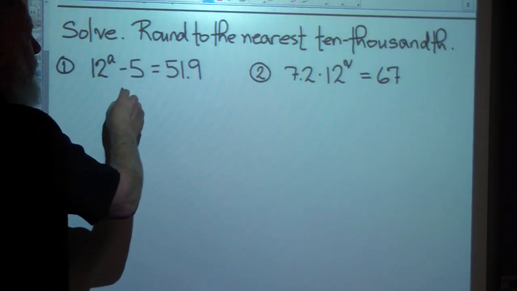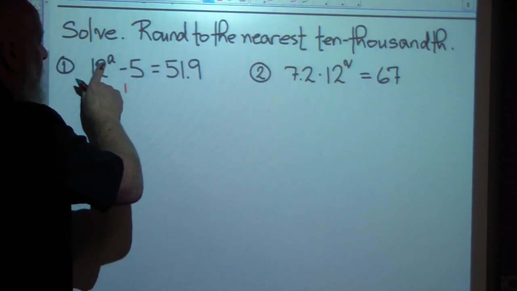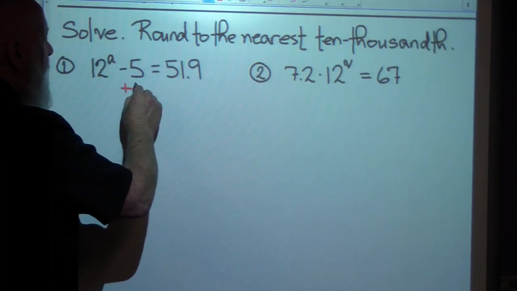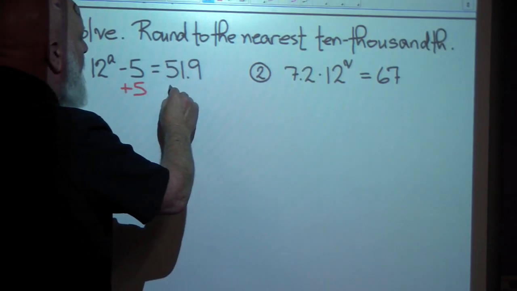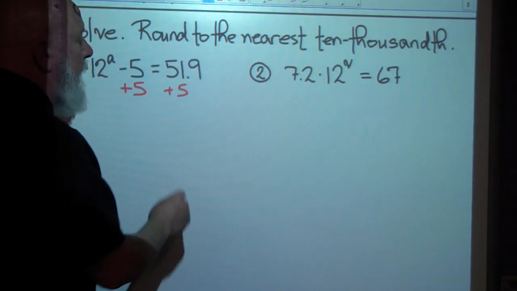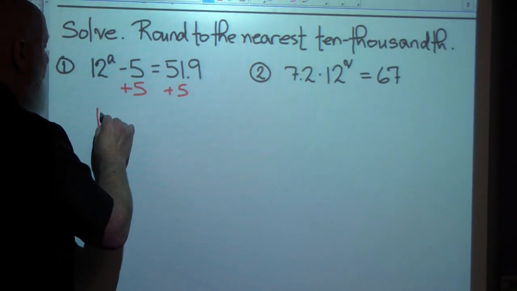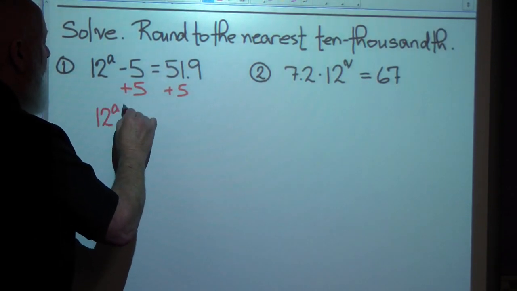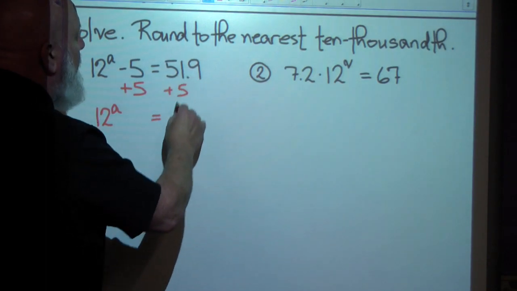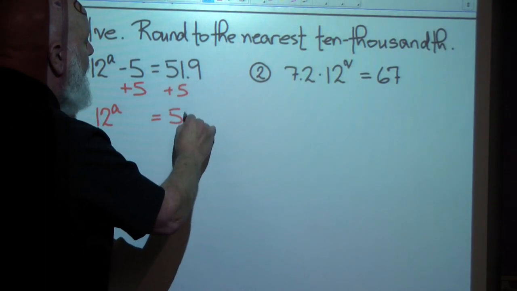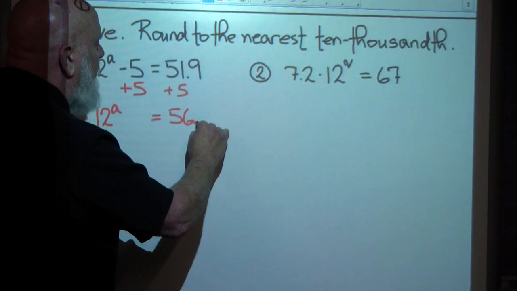So the first thing I'm going to do is add 5 to both sides. I want this by itself. So I'm adding 5, and I'm hoping I don't mess up my arithmetic, something you guys know I do from time to time. I'll try not to. I bring down 12 to the a power is equal to 56.9, if I do that correctly.